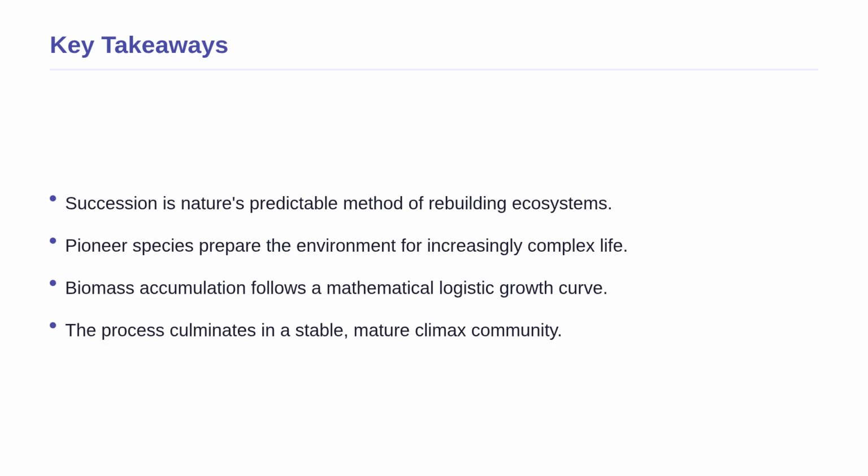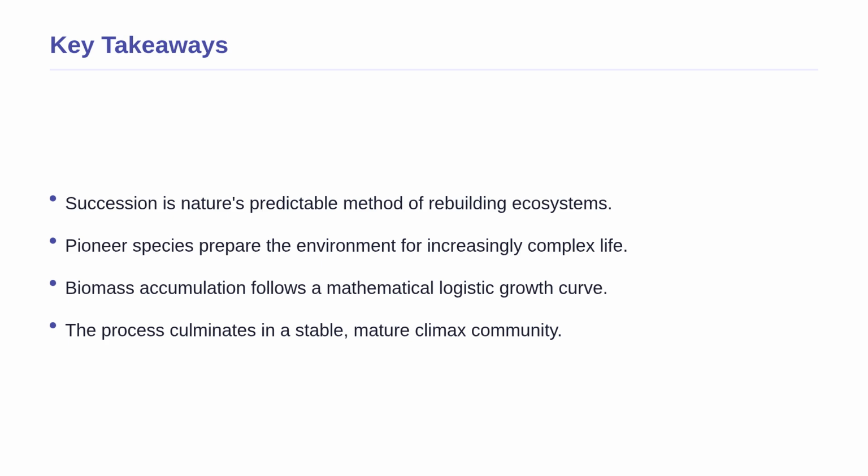We have covered a lot of ground today, so let us summarize the most important ideas. First, ecological succession is nature's systematic and predictable method of building or rebuilding an ecosystem from the ground up. Second, we learned that pioneer species are the crucial first responders. They prepare the harsh environment, paving the way for increasingly complex plants and animals.